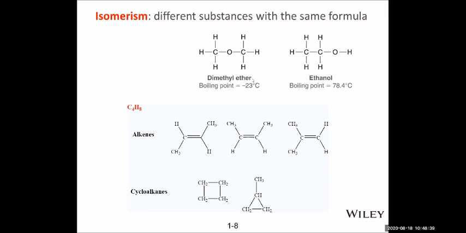And you can see there are many other cases that have isomers. So this molecule, we have 4 carbon, 8 hydrogens, and it has 3 compounds where there's a carbon-carbon double bond. And you can see each structure is different from the others.